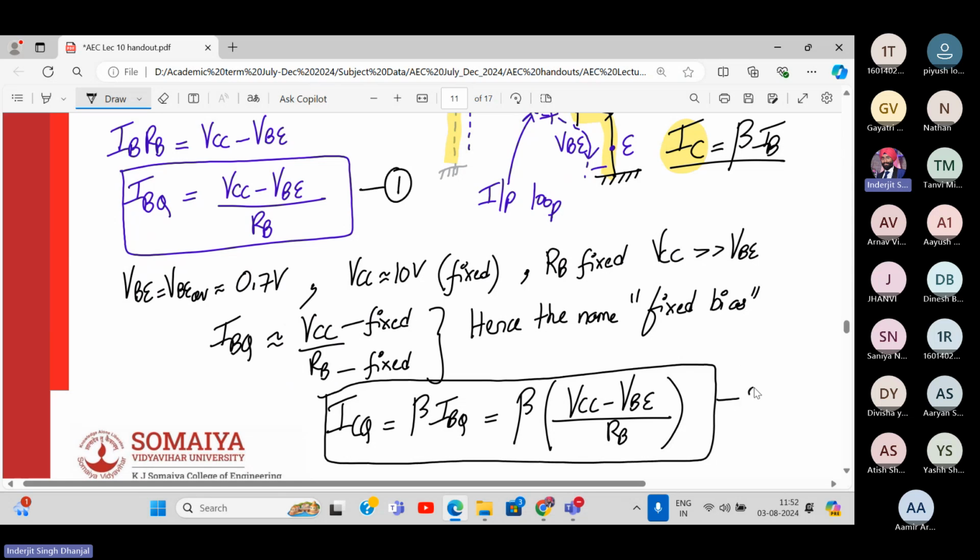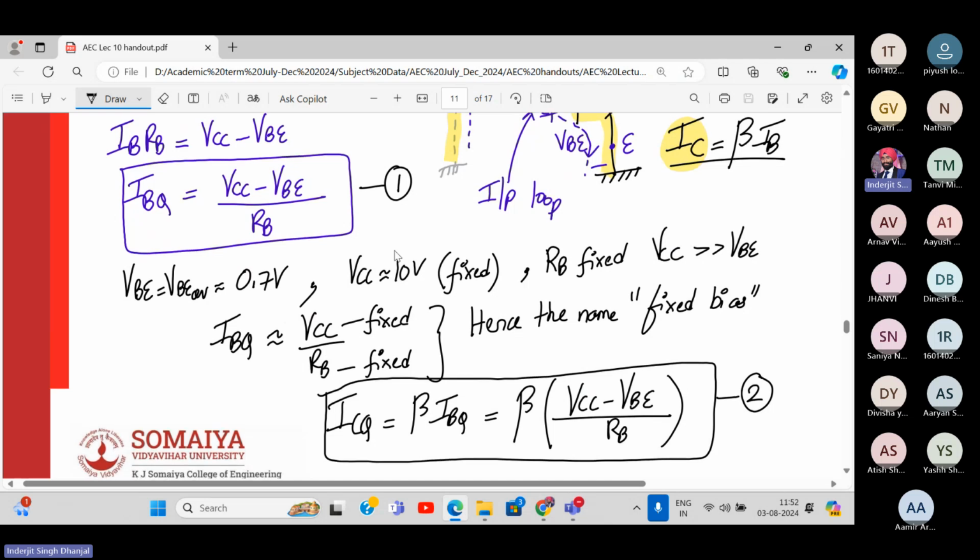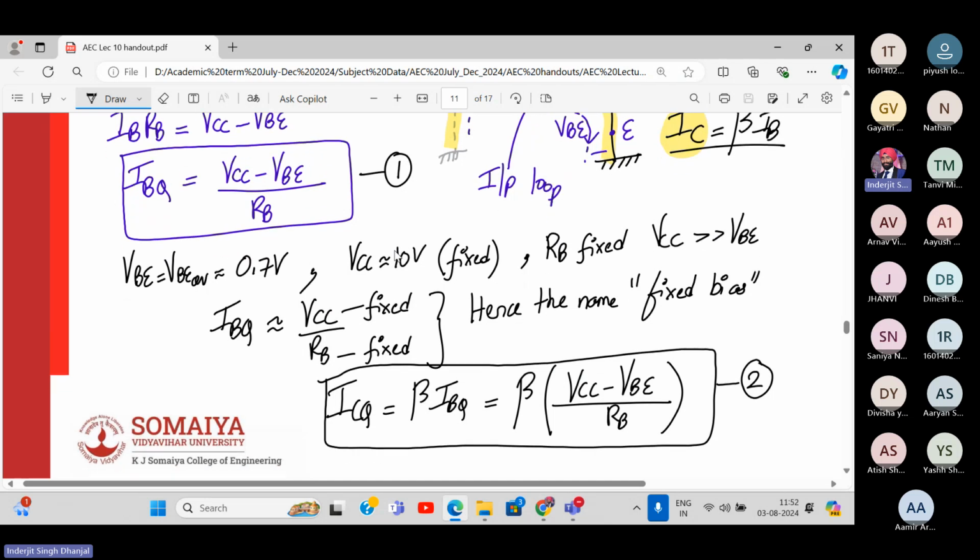This is expression number 2. Did you all understand this? Please write it and complete it. Please do it fast. Completed? Yes, no.